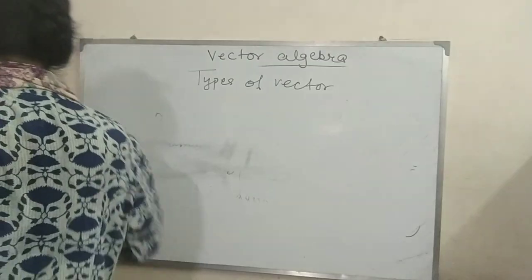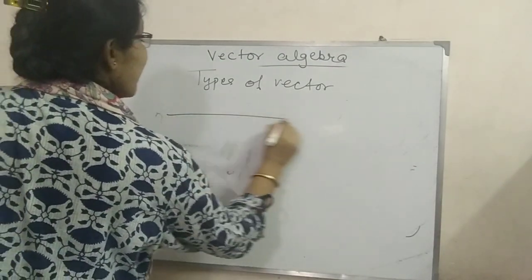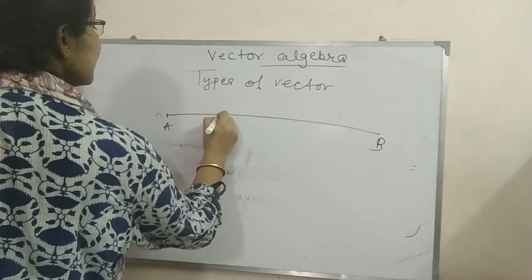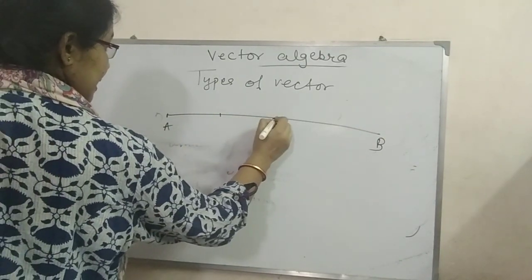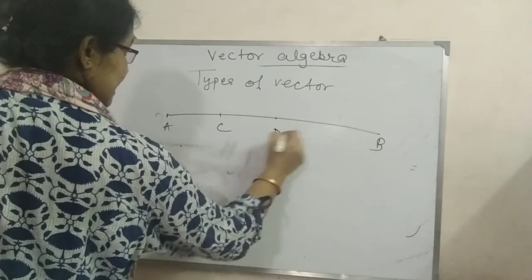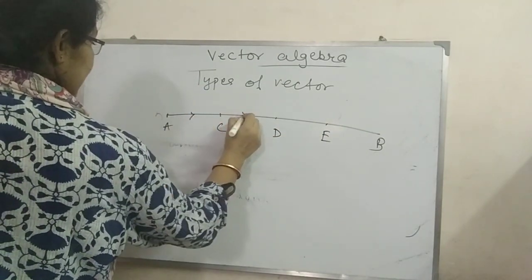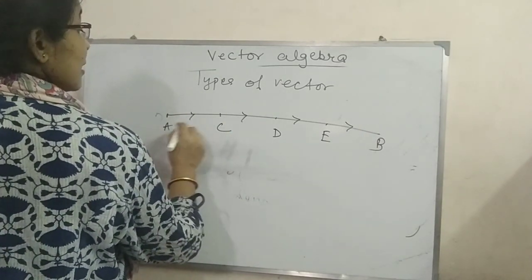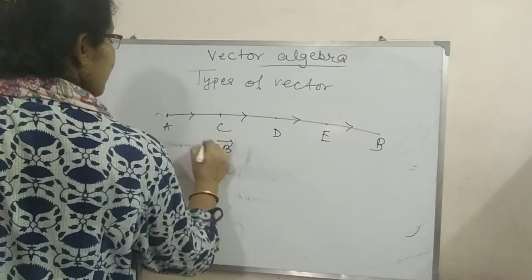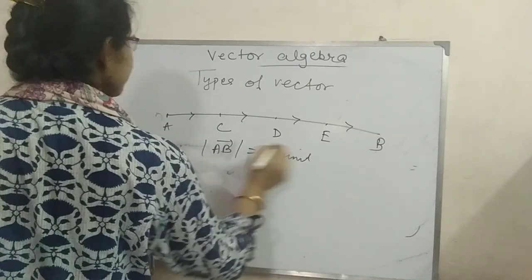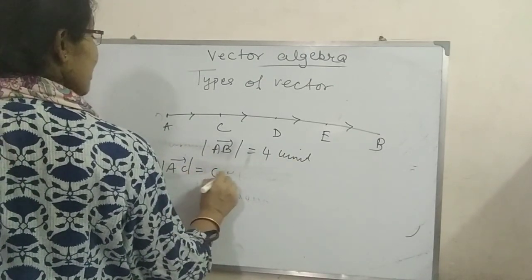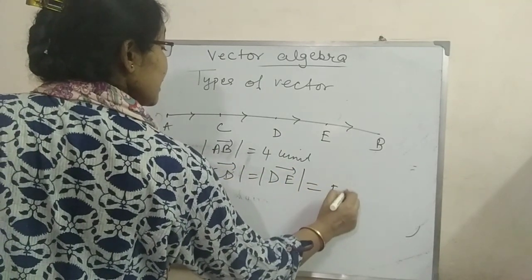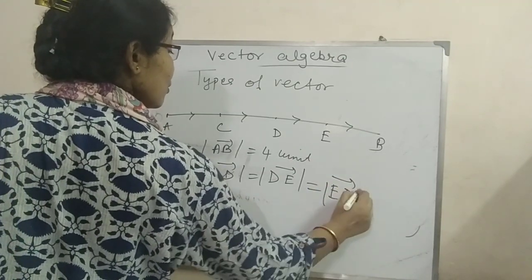Example: A is the initial point, B is the terminal point, with points A, C, D, E, B. Here AB equals 4 units, and AC equals CD equals DE equals EB equals 1 unit.